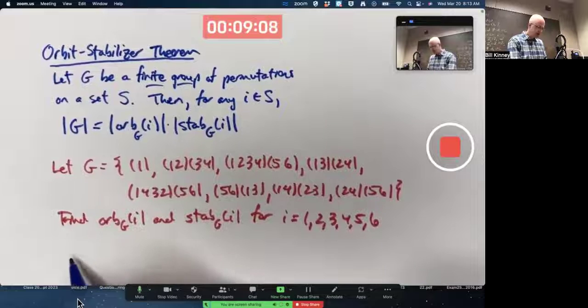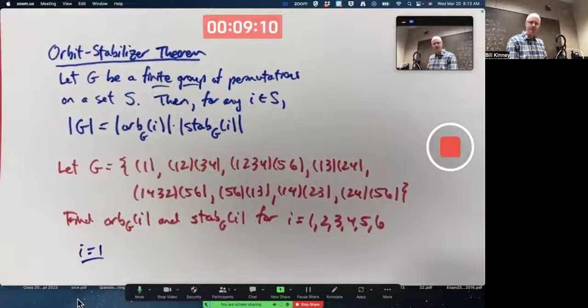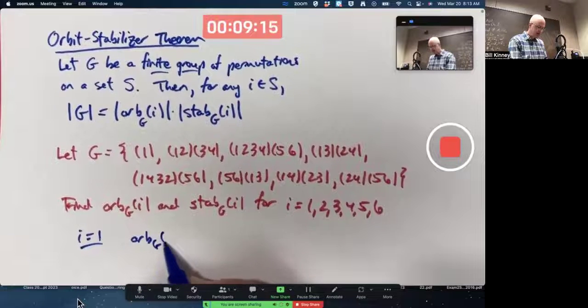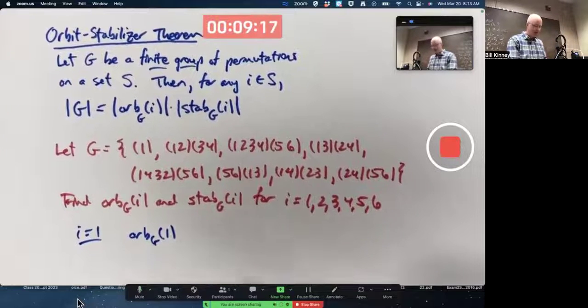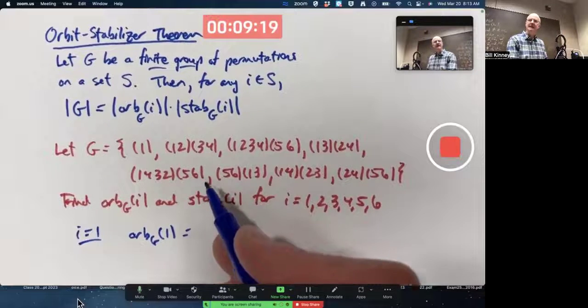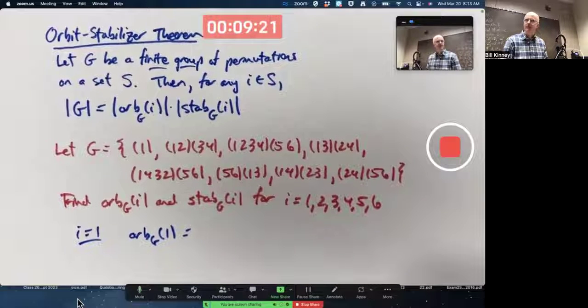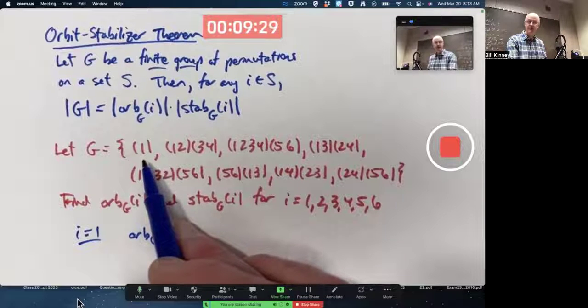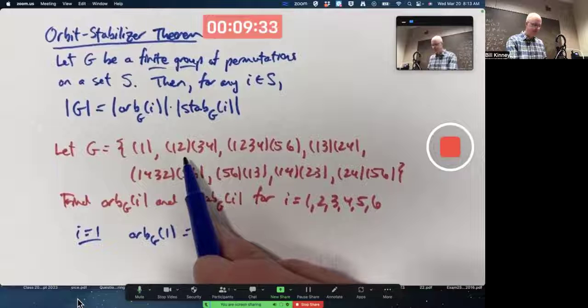So take them one at a time here. Say for i equals 1, what's the orbit of 1? It's all the different things that 1 can get mapped to. Okay, so if you didn't recall what an orbit was, you wanted to look that up. What does 1 get mapped to under all these different permutations? It gets mapped to itself. Under that permutation here, this one maps it to 2.